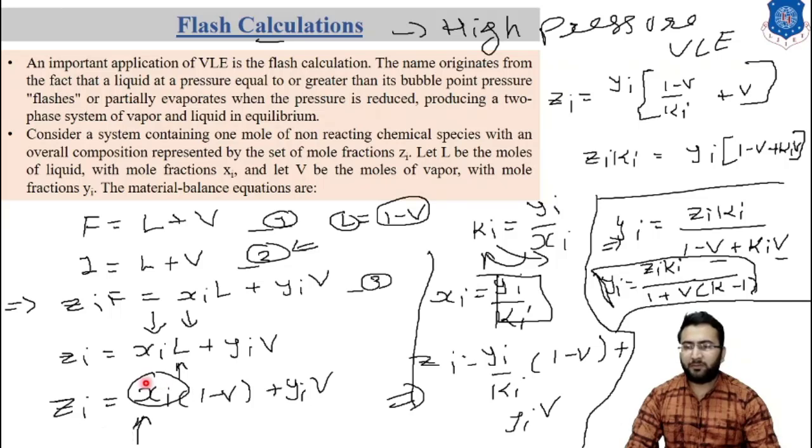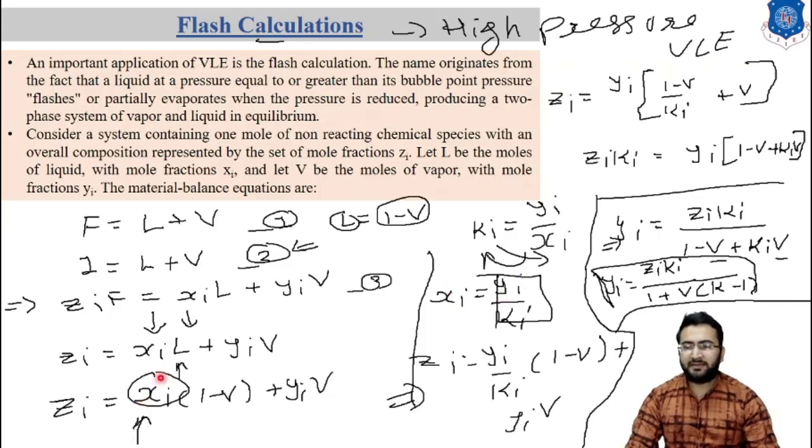Now for this flash calculation, we have to remove the Xi. To remove Xi, we are going to use the K value correlation, which is given by Ki is equal to Yi upon Xi. Now again making Xi the subject, this equation becomes Yi upon Ki. So easily we can replace this Xi with Yi upon Ki.